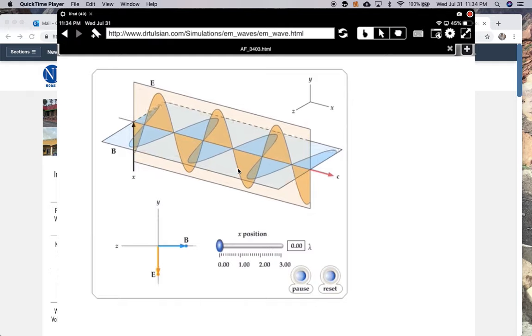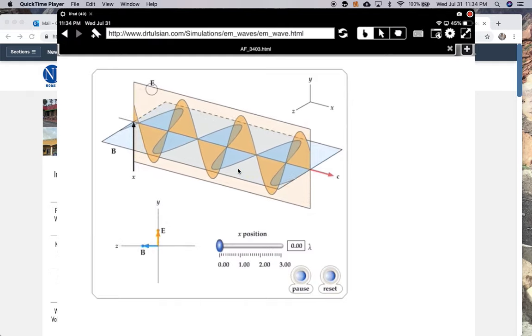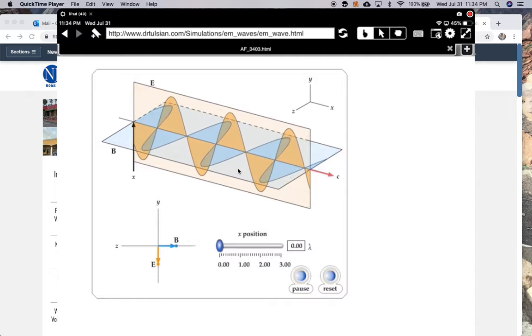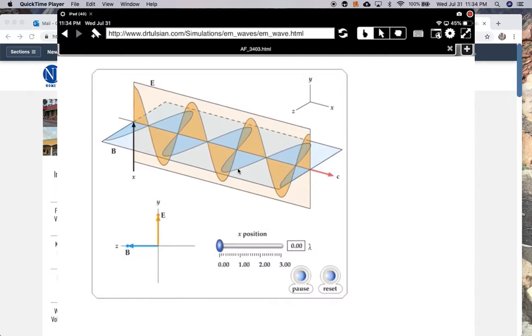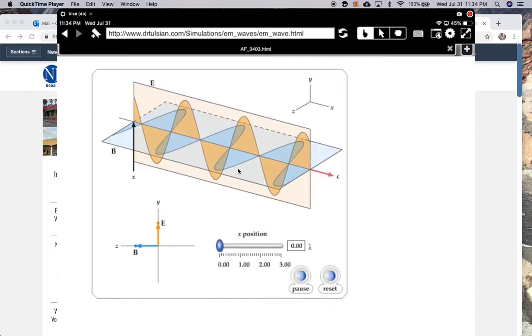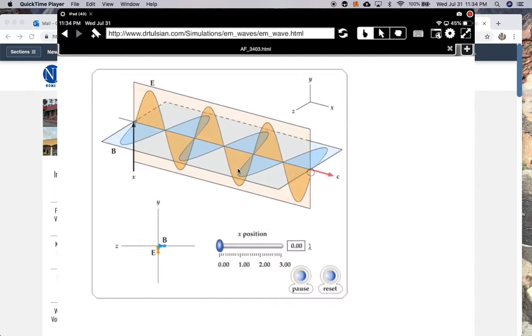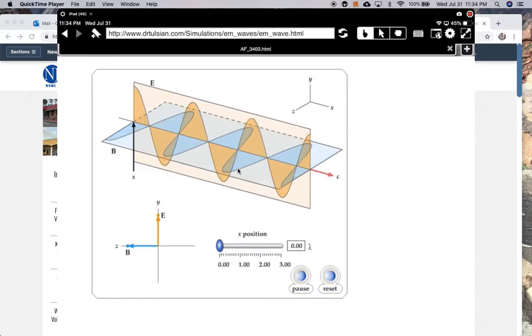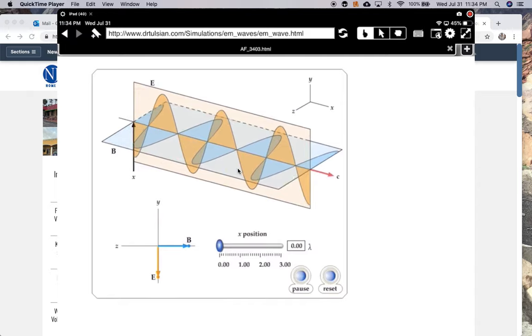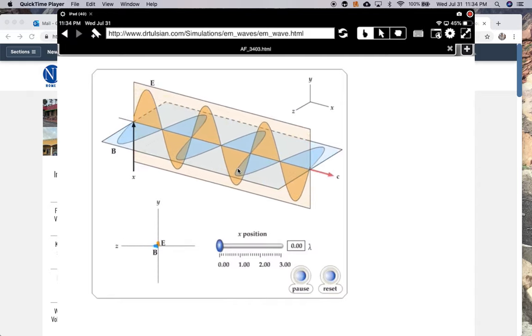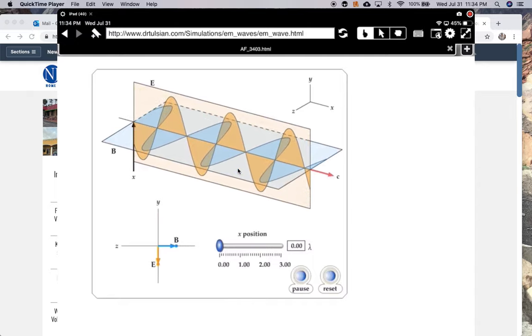Here's the electric field, here's the magnetic field, and the beam of light is going in this direction. Now, if you were standing there and looking at the electric field, the E field is oscillating back and forth, up and down along the y-axis, and the B field is oscillating along the z-axis.